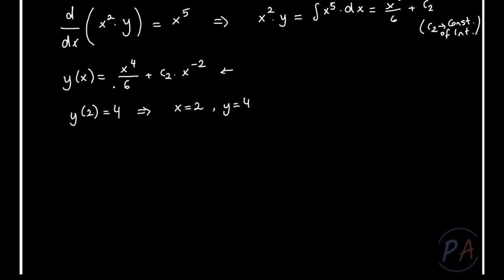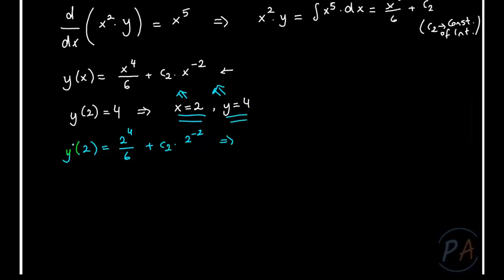So let me substitute these two values in the solution. y of 2 equals 2 to the power 4 over 6 plus c2 times 2 to the power minus 2.